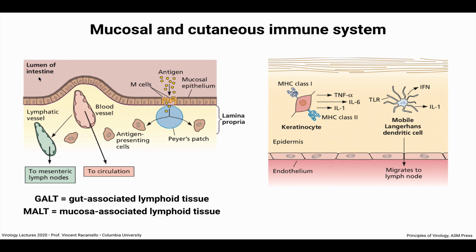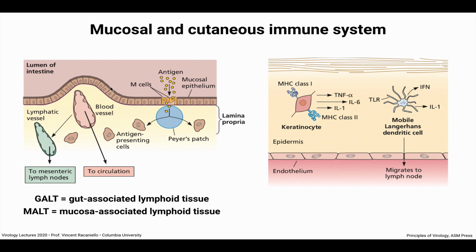Here's the lumen of the intestine. Here's the intestinal epithelium on the inside here, lining the lumen of the gut. And below it are the subepithelial tissues, in an area we call the lamina propria. And this is where there are blood vessels and lymphatic vessels, and antigen-presenting cells are present.